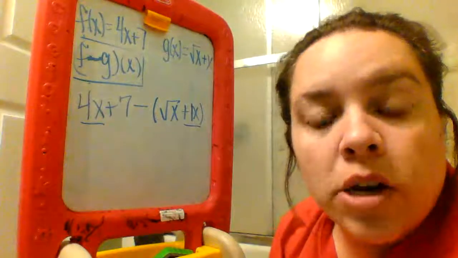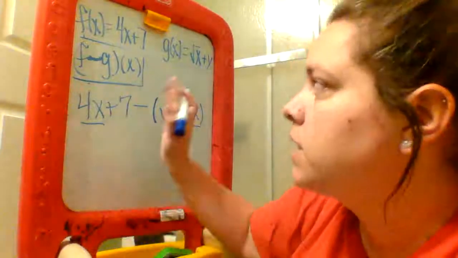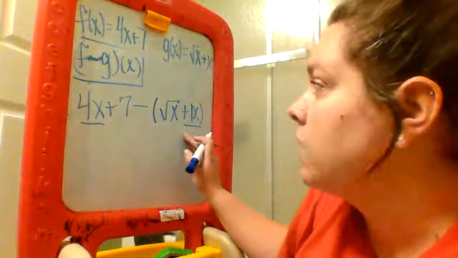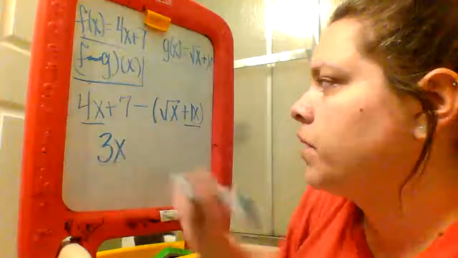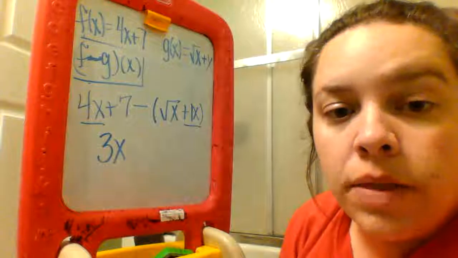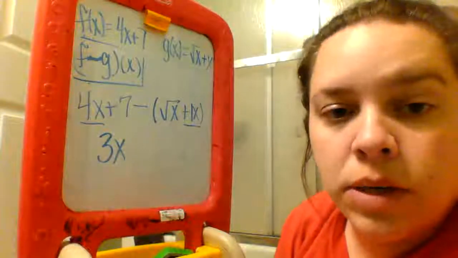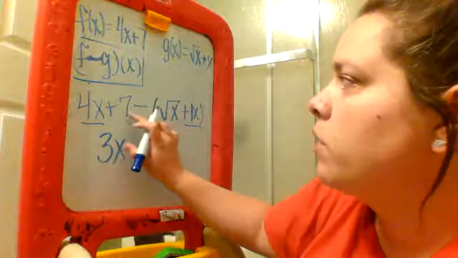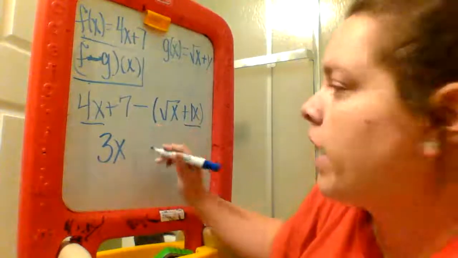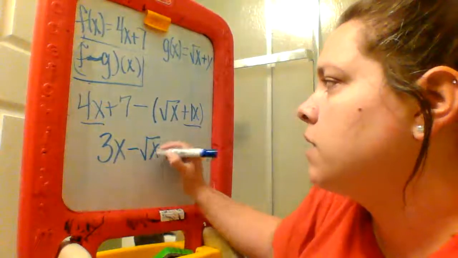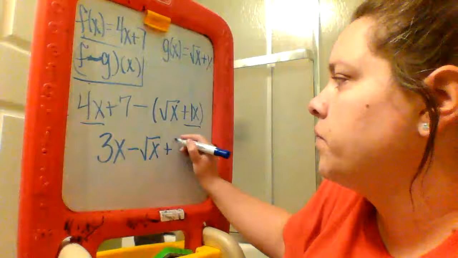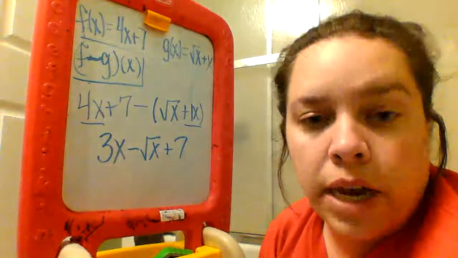But in this case, we are subtracting. So 4x minus 1x is 3x. And then the next part that I would write would be the square root, because that would be the next one in standard form. But look in front of that square root, it's minus the square root of x. So minus the square root of x. And then I have plus 7. And that would be my answer in standard form.